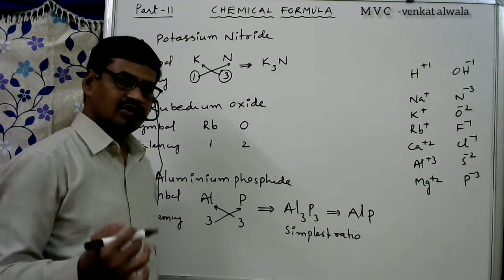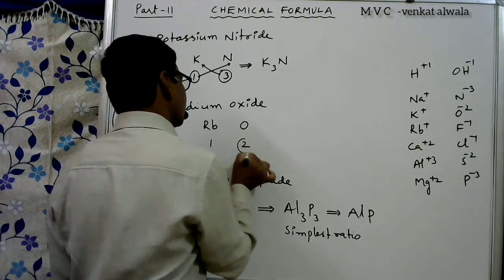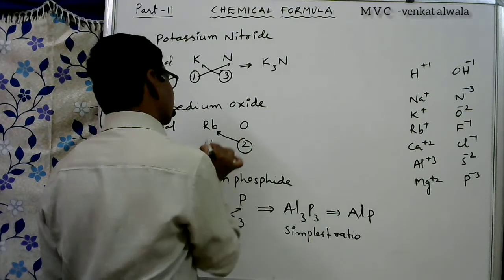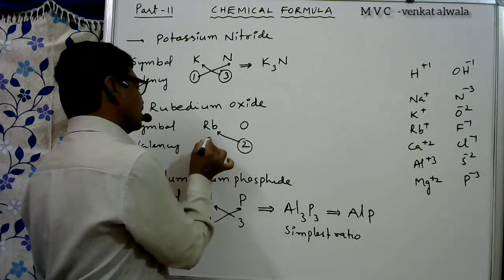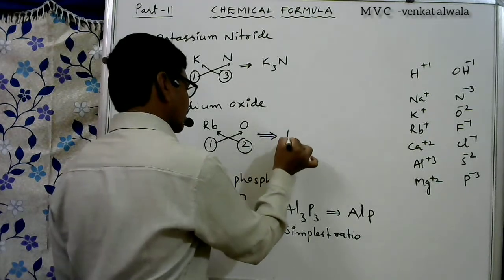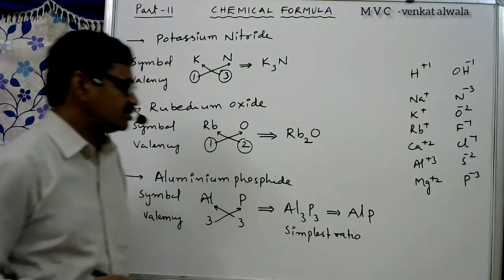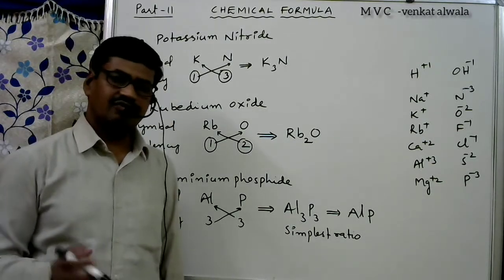If it accepts 2 electrons, it will get a stable electron configuration. So 2 should be taken as subscript for rubidium, 1 should be taken as subscript for oxygen. Therefore, the formula becomes Rb2O. Like this, we can write many formulas.